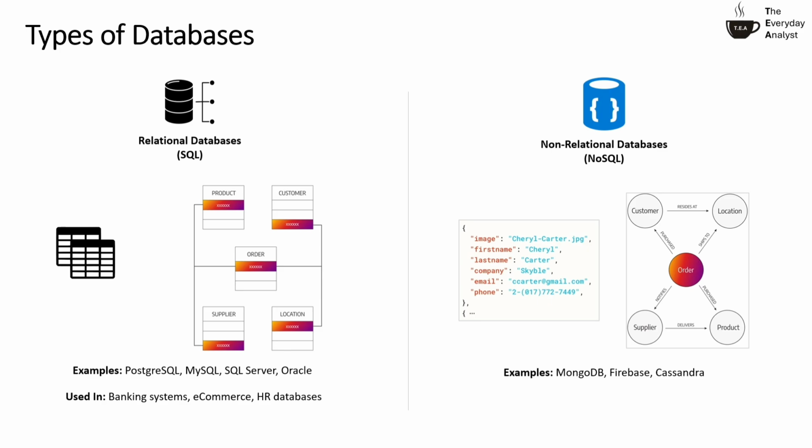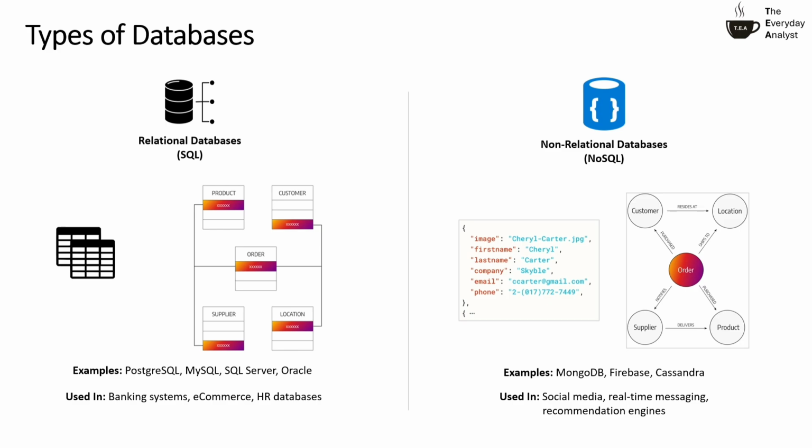Examples of non-relational databases include MongoDB, Firebase, Cassandra, etc. These databases are used in social media, real-time messaging, recommendation engines, and a lot more. Since we are learning SQL, we'll be working with relational databases throughout this series.